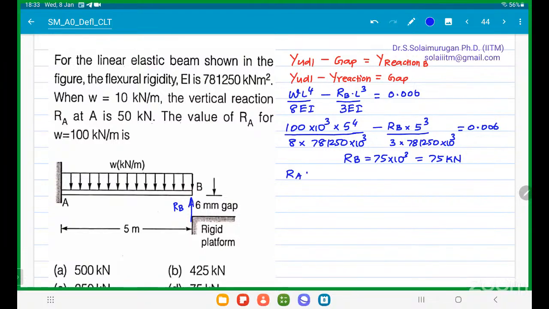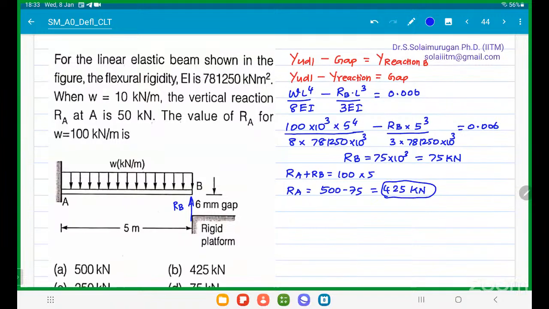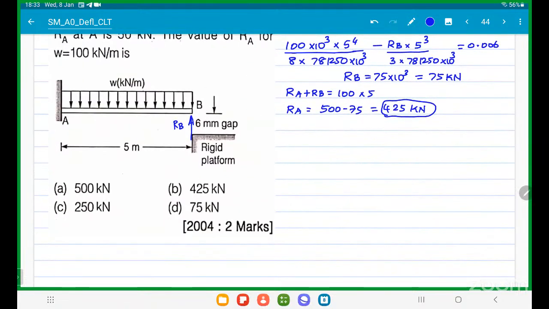RA plus RB equal to 100 into 5. So RA equal to 500 minus 75 equal to 425 kilonewton. This is one method. Answer is ready, 425.